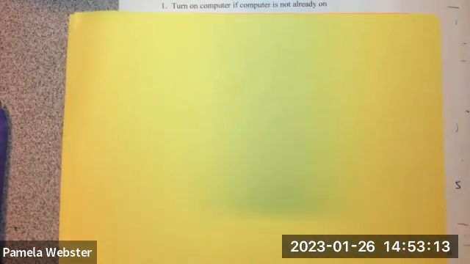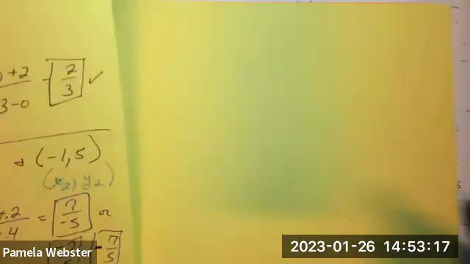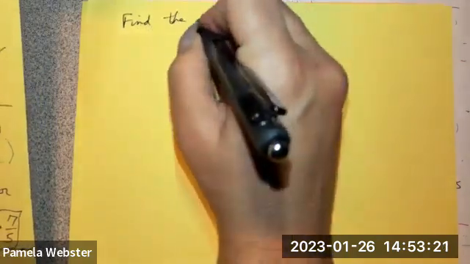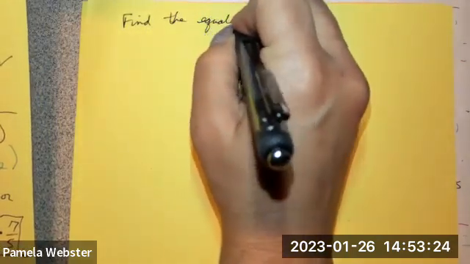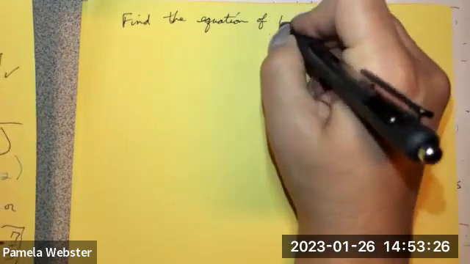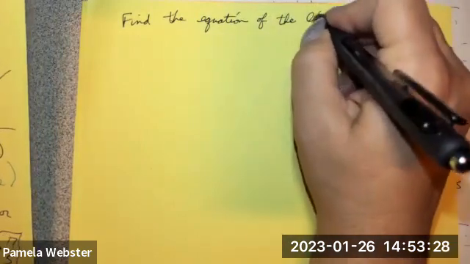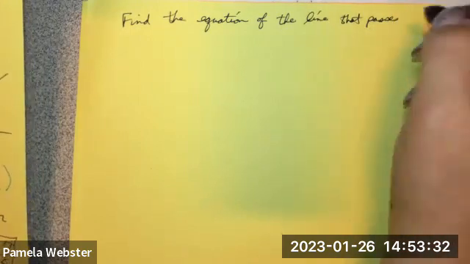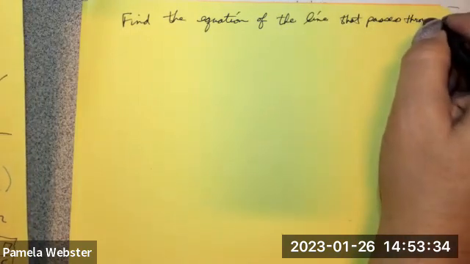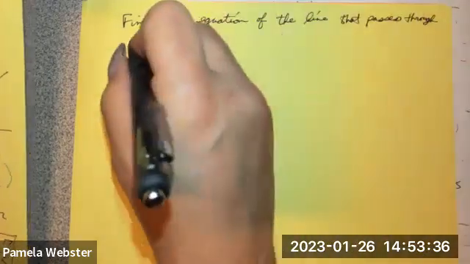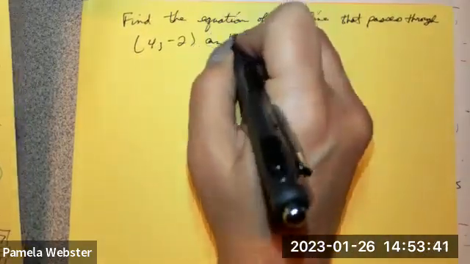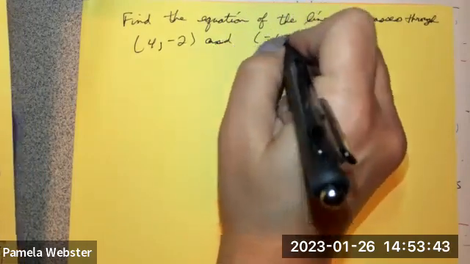Just a second ago, we had these 2 points. Find the equation of the line. These are the kinds of directions you're going to see: find the equation of the line that passes through the points given, -2 and -1, 5.